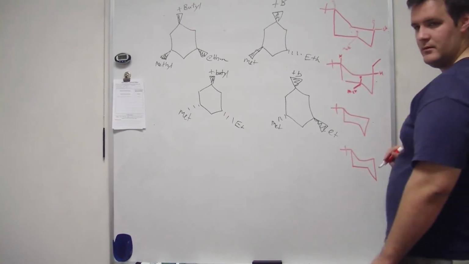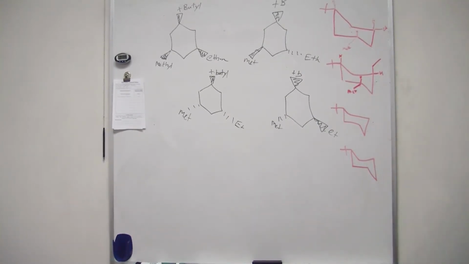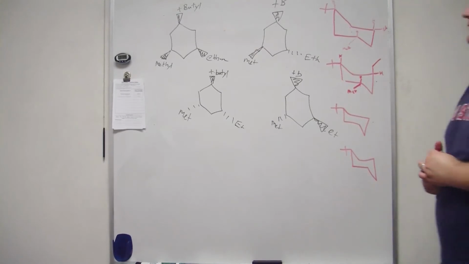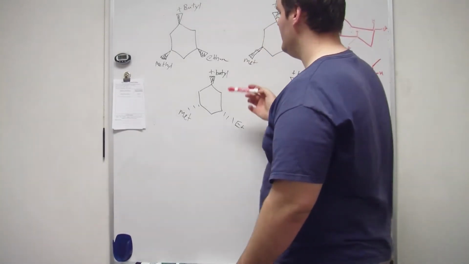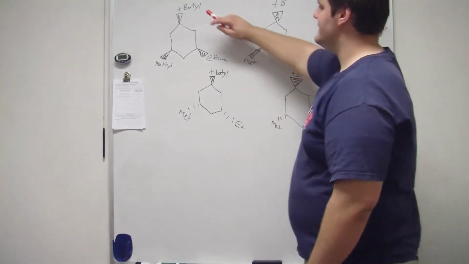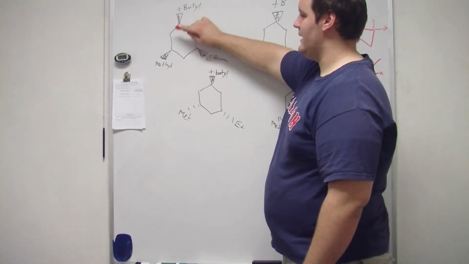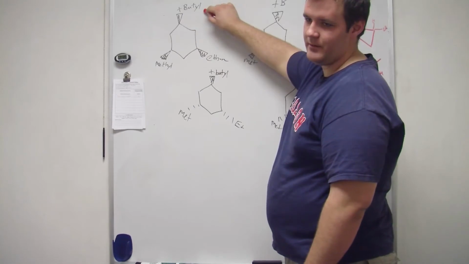When you get these ring problems, do you have to put them into chairs to assess the stability? Once you've done it enough times, you can get good at it. Here's a trick. If it's cis and they're every other, then they're all equatorial.